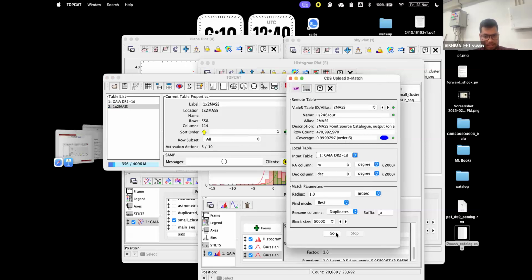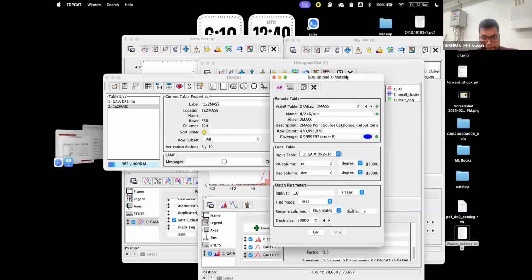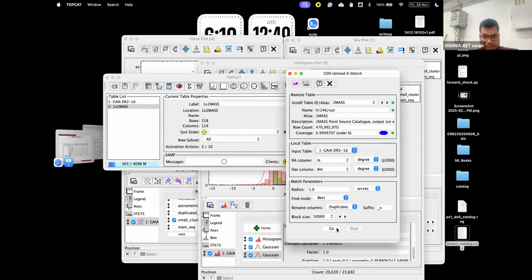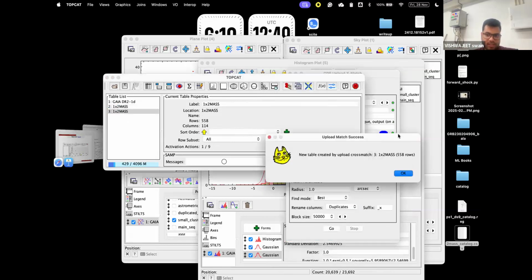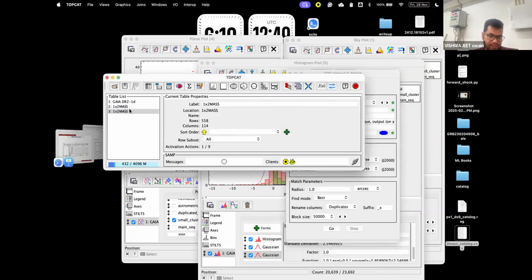Then it will automatically produce a new table. If you go, it will open up a new table. You can see on the right that the new table is created and added to the main window. It's basically the same one as before, and here you can also label it whatever you want.